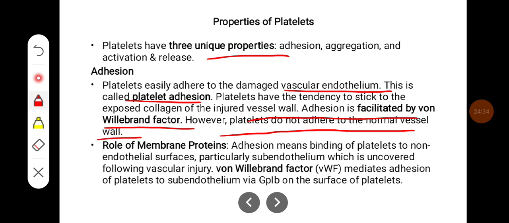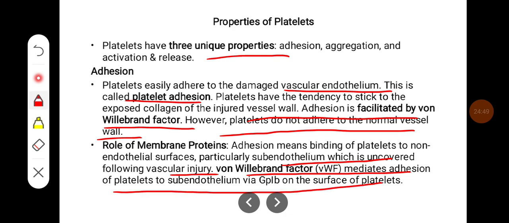The adhesion means binding of platelets to non endothelial surfaces, particularly subendothelium, which is uncovered following vascular injury. Von Willebrand factor mediates adhesion of platelets to subendothelium via glycoprotein 1b on the surface of platelets.